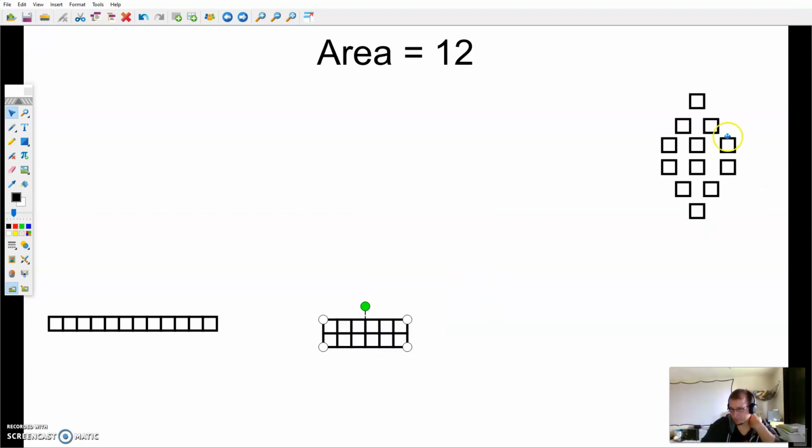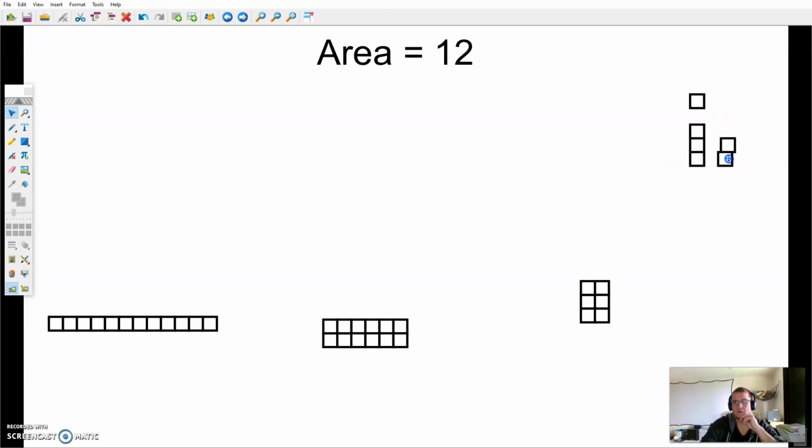There is one more. What else is going to divide into 12? Okay, hopefully you're thinking about the old 3 times 4, which gets us 12. So we want to do them in groups of 3. I wonder if it works quicker to get them into the groups like I did with the 2.